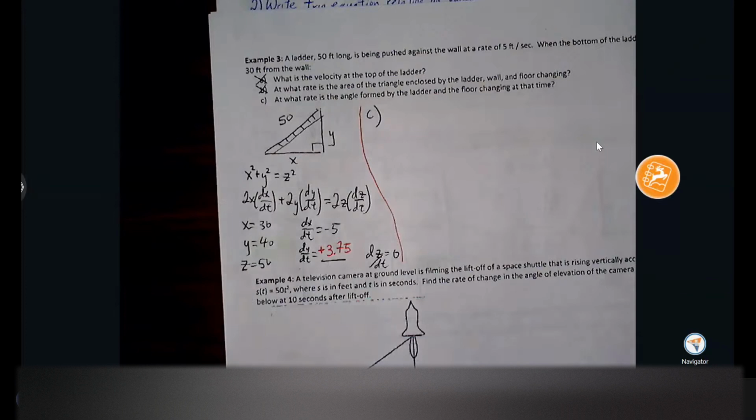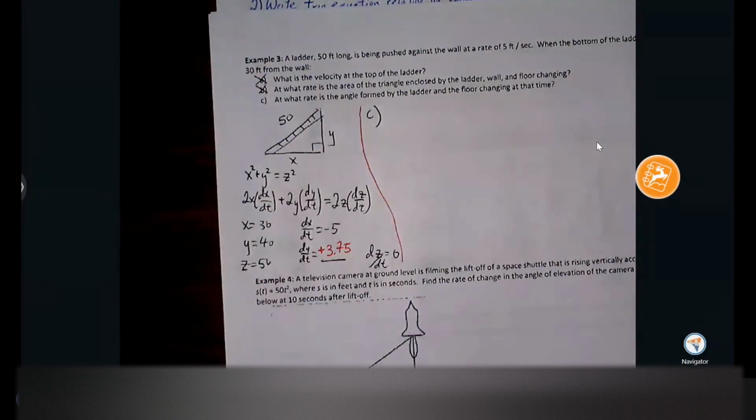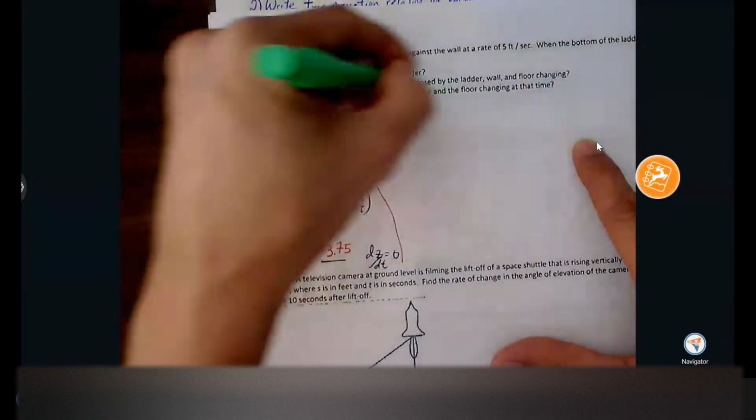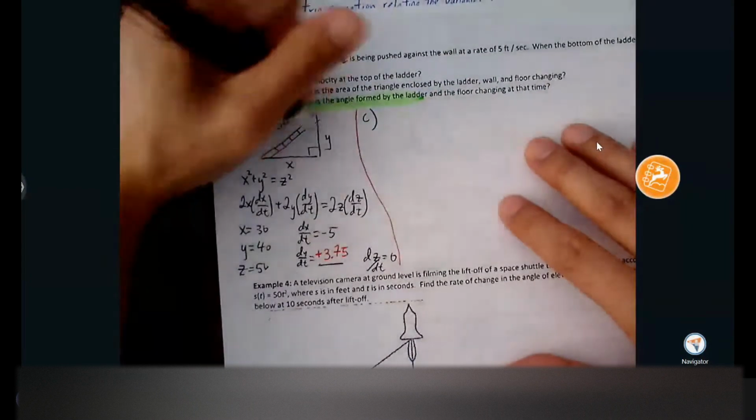All right, so now let's go to part C here. Part C, at what rate is the angle formed by the ladder and the floor changing? So we're trying to find d theta/dt.